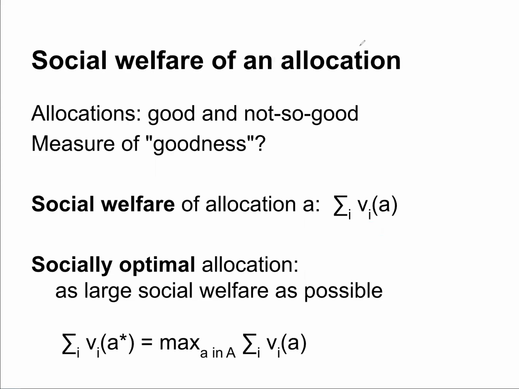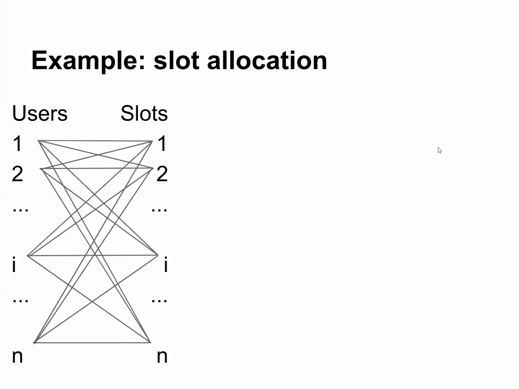Quite natural. What else could it be? Again, in the now running example, the slot allocation. So we have n users on one side, and we have slots on the other side. And what is an allocation here? What are we looking for?